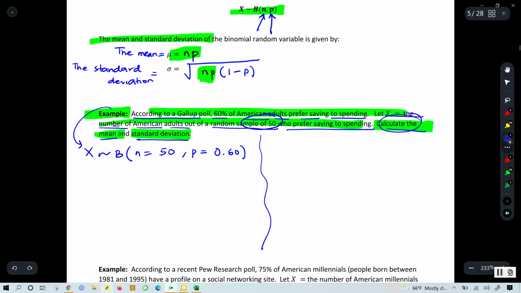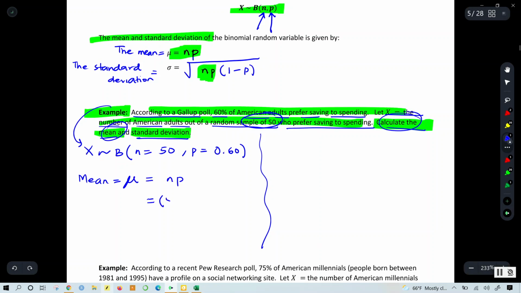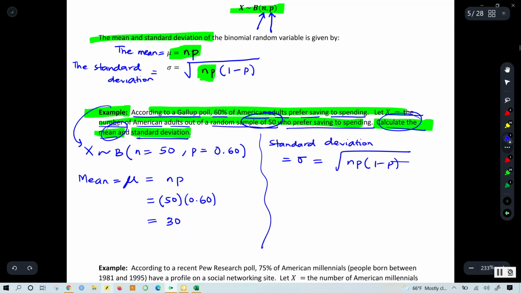Then we would like to compute the mean. So the mean, which is represented by mu, is n times p. That will be 50 multiplied by 0.60, and that is equal to 30. Whereas the standard deviation, represented by sigma, is the square root of n times p times 1 minus p. So this would be the same as the square root of np, which we got earlier to be 30.